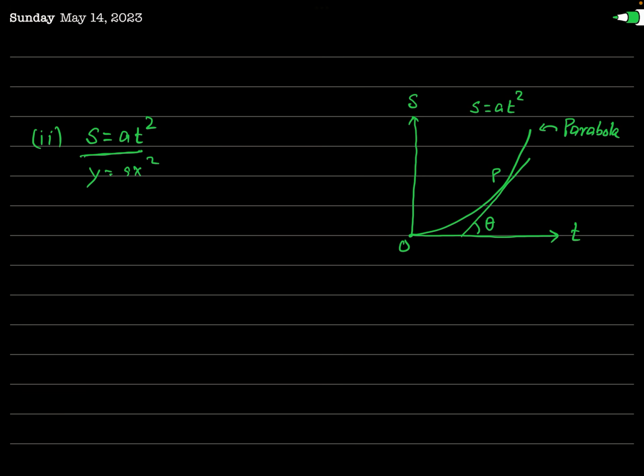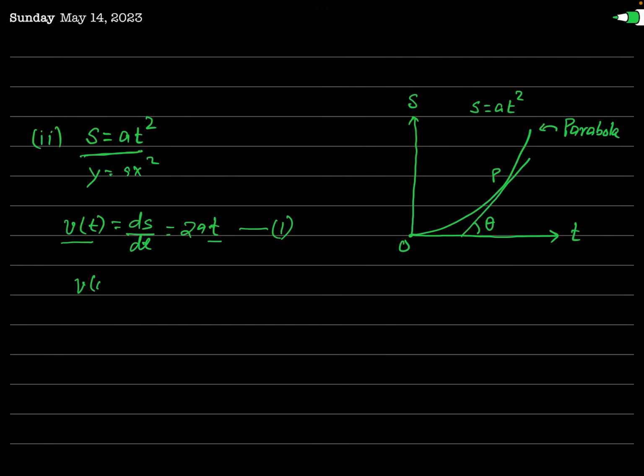In this condition, if we try to find the speed at any time t, what will that be? That will be ds by dt, and you know ds by dt will be 2at. So you can see that this equation says that speed is a function of time t. So the speed at different times will be different.